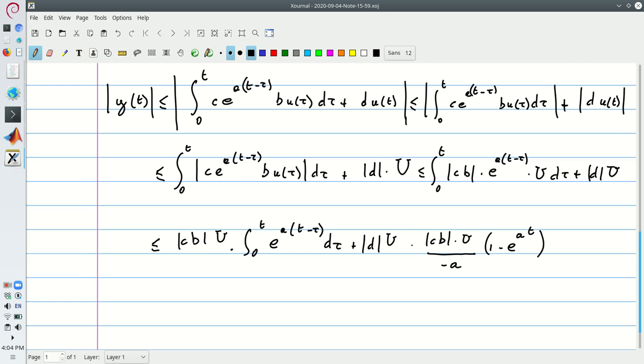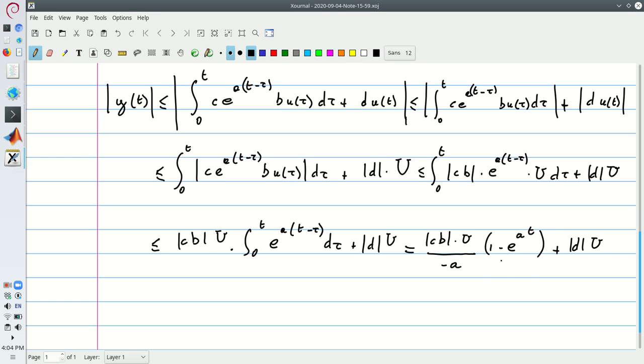Actually, this is not a less or equal, this is exactly an equal. So from this previous step to where we are now, the steps are the same steps that we have followed to compute the step response. So if you want to go through them, just verify that they are exactly the same steps.